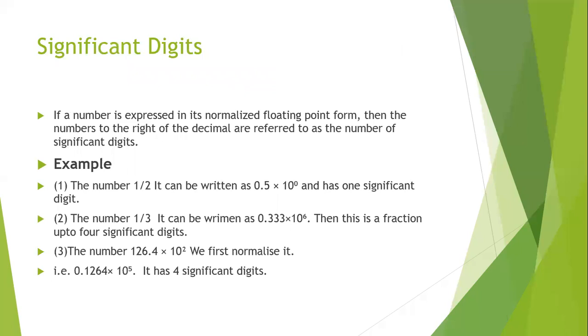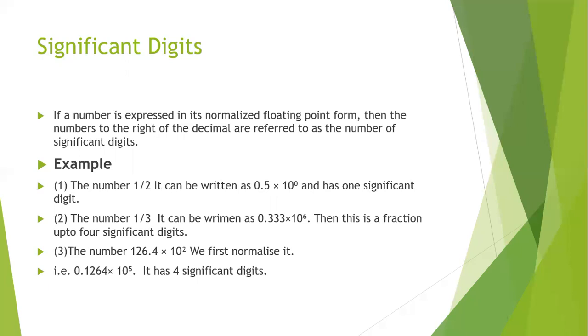The next topic is significant digits. If a number is expressed in its normalized floating point form, then the digits to the right of the decimal point are referred to as the number of significant digits.